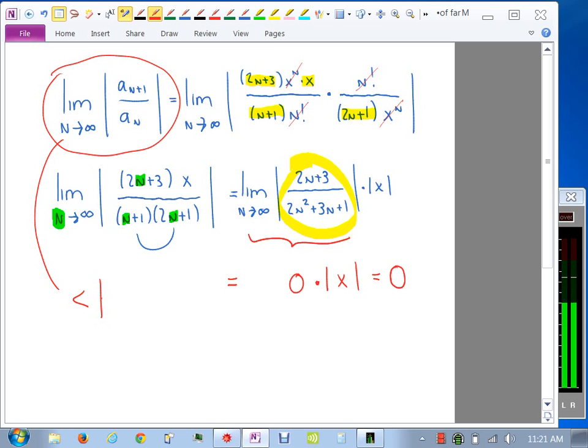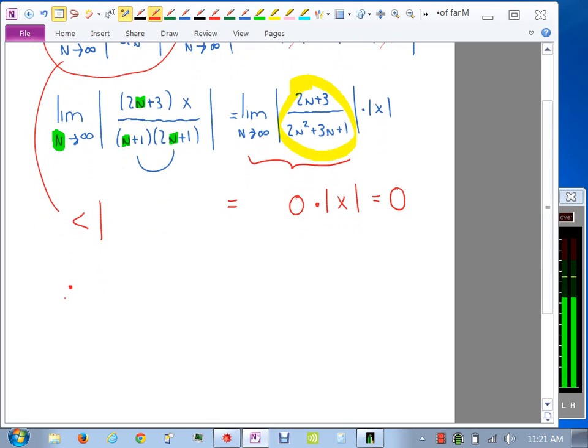Now, how do we say that? Therefore, the series n equals 0 to infinity of 2n plus 1, x to the n over n factorial, converges for all x.